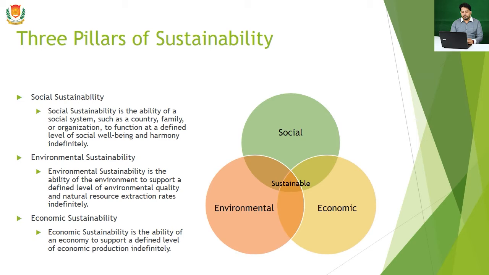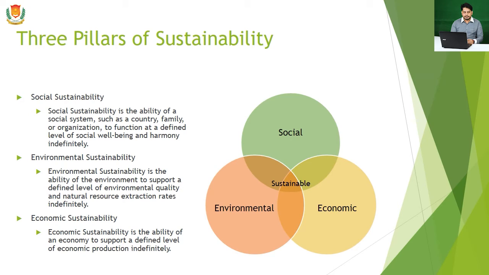It is the ability of the environment to support a defined level of environmental quality. So, we are supporting the environment as well as the resource extraction, but we are supporting it indefinitely. So, the environment can support us indefinitely is environmental sustainability.